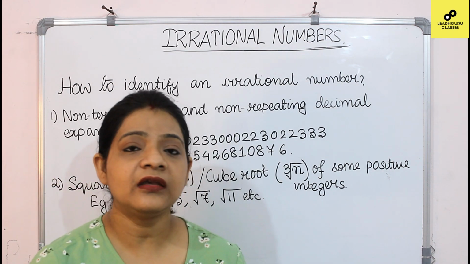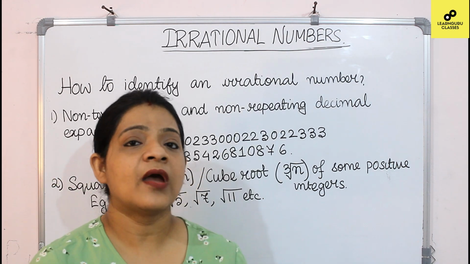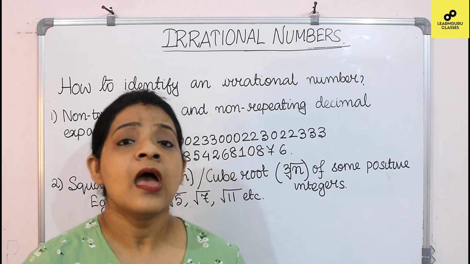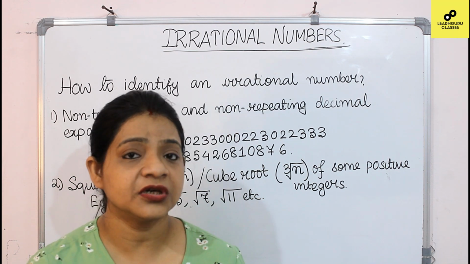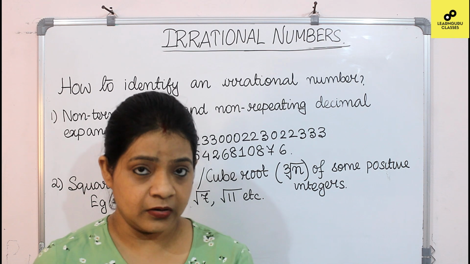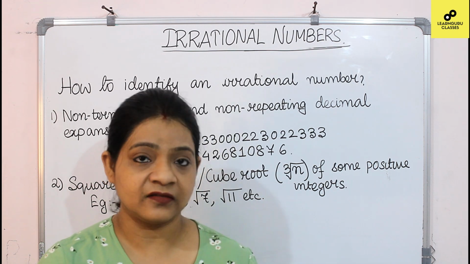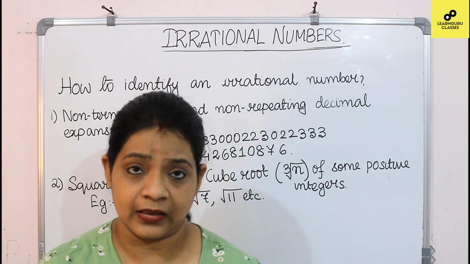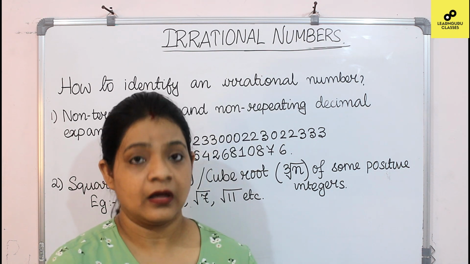By non-terminating, we already know that when we do the division, the remainder never comes to be 0 and you get an infinite quotient, that is, an infinite number of digits after the decimal point. So this is how a non-terminating decimal looks. But what is non-repeating?